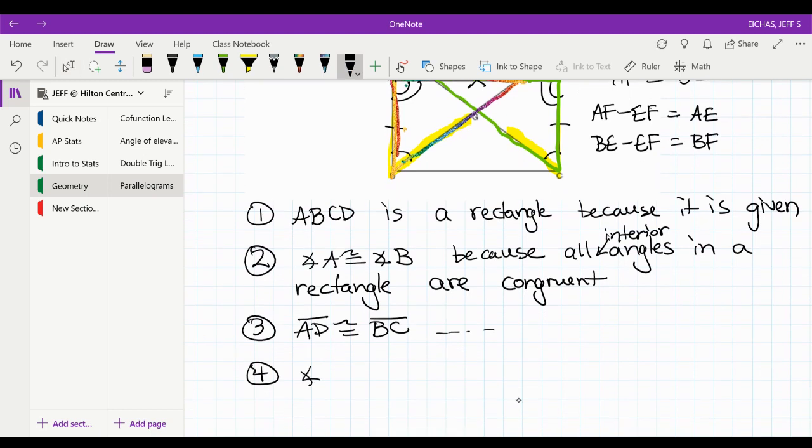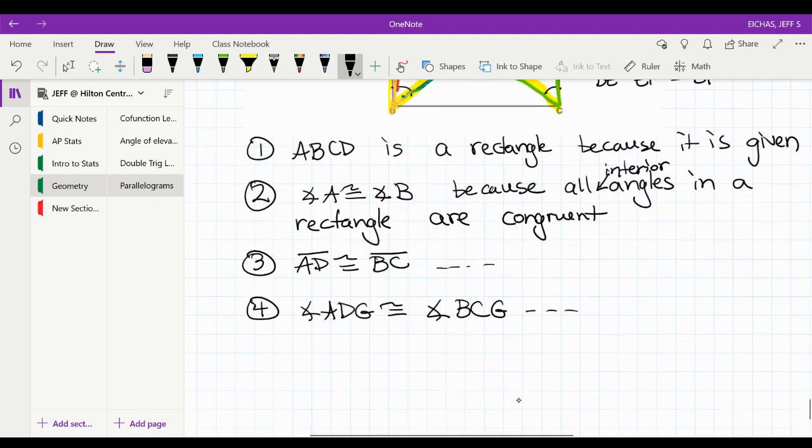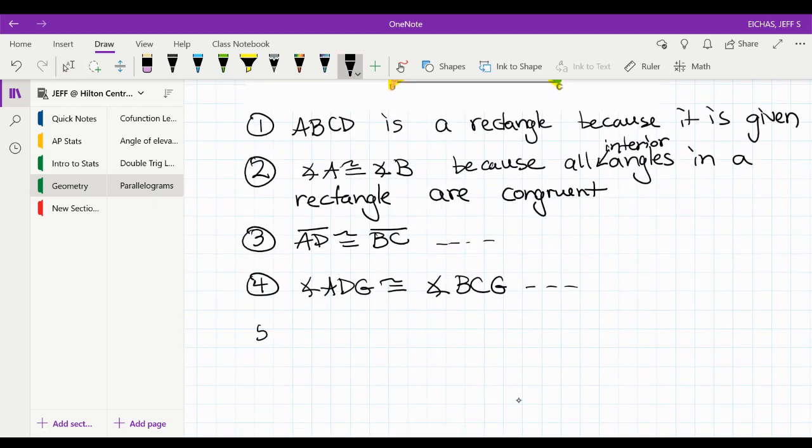Angle ADG is congruent to angle BCG, and that was given. You can go ahead and write that. And now we have the triangles congruent.